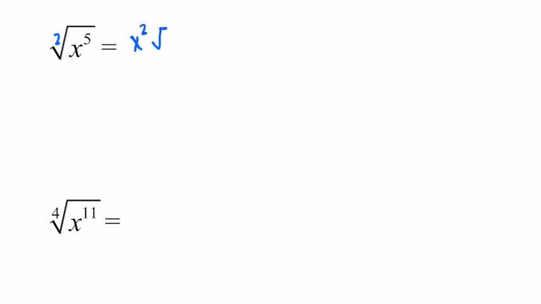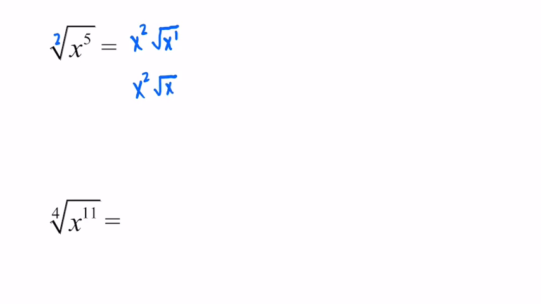Because there's a remainder of 1, we'll have x to the first, still under the square root. So we're still dividing 5 by 2. 5 divided by 2 is 2 with a remainder of 1. Normally people wouldn't write the 1 exponent. This would normally be written as x squared times the square root of x.